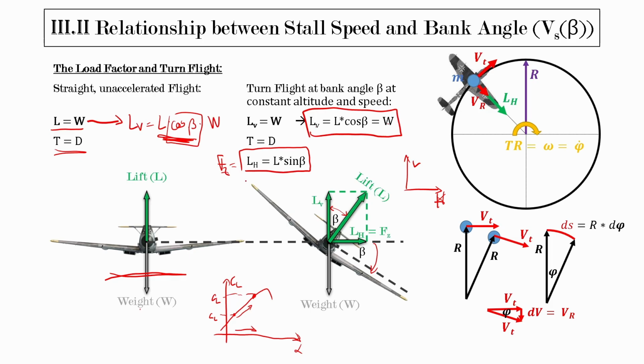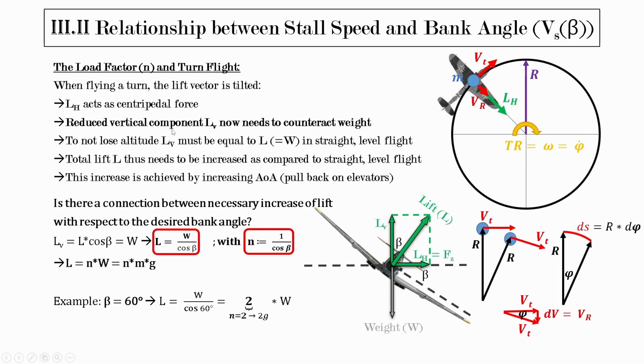Now, what can we do with that in terms of aircraft performance? We can actually determine what the so-called load factor is. This is some of the summary or the observations that we made. Obviously, LH, our horizontal lift component, is our centripetal force, very important.